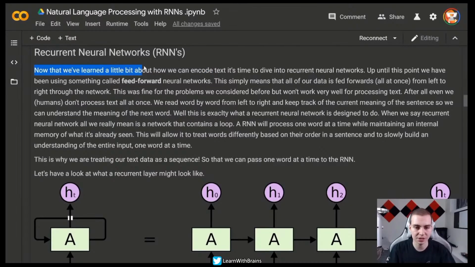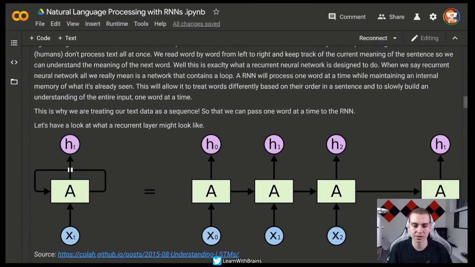Whereas if I read the entire sentence, now that we've learned a little bit about how we can encode text, I start to develop an understanding about what this next word means based on the previous words before it, right? And that's kind of the point here. This is what a recurrent neural network is going to do for us. It's going to read one word at a time and slowly start building up its understanding of what the entire textual data means.